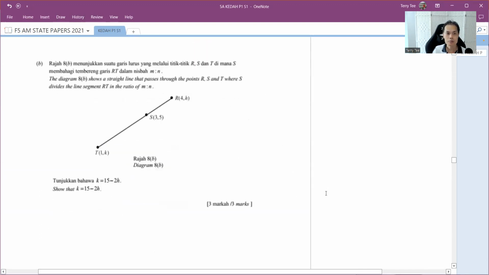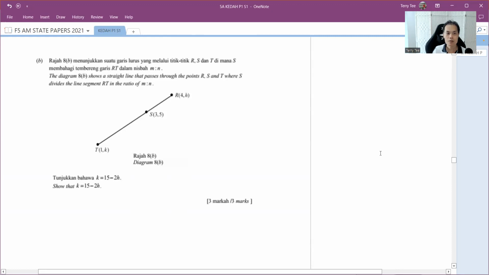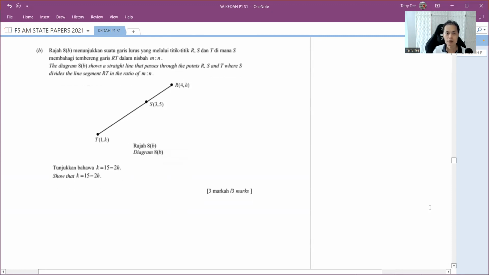Okay, moving on to part B. This one involves the division of a line segment, or we call it the ratio theorem. Same chapter, coordinate geometry. Here, they say this diagram shows a straight line that passes through R, S, T, where S divides the line segment according to the ratio m:n.